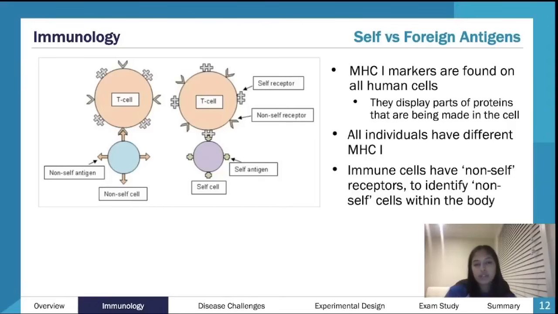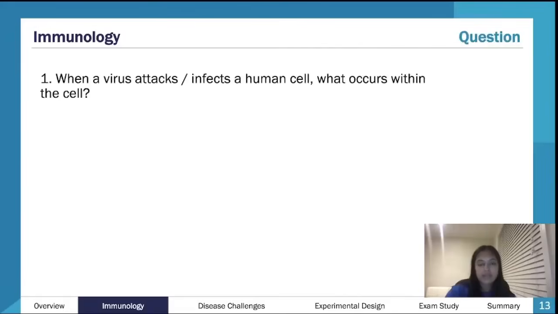A very, very important theme of immunity. So your MHC1 markers, as we mentioned, are your self-antigens. And then stuff that might be on a pathogen is your non-self antigen. So T cells are able to basically detect what belongs in the body and what doesn't. So hopefully that makes sense.